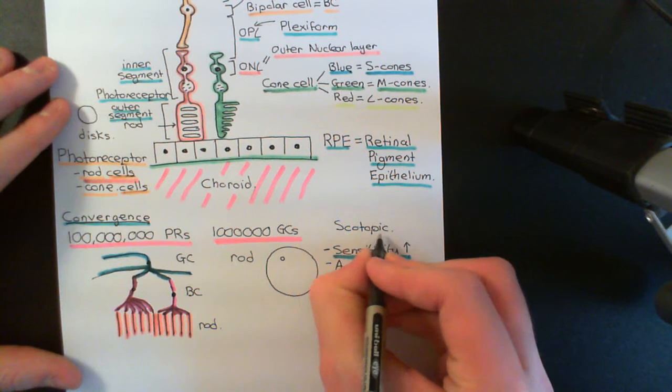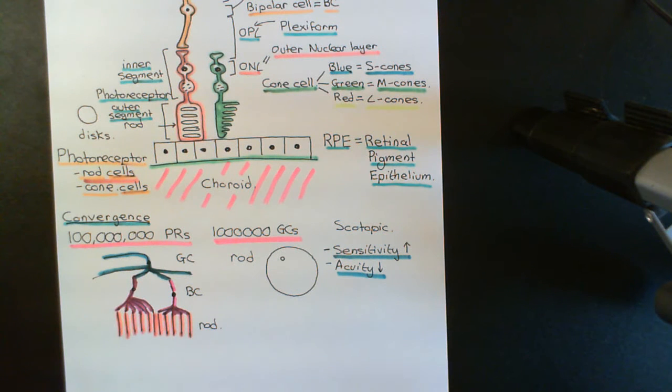So scotopic visual conditions is like at dusk, when it's almost dark but you can still see, when the sun's just going down and everything's starting to get dark but you can still just about see things. That's your rod system doing that, and you'll know that you see in black and white. And the reason is that the rod photoreceptor system can't distinguish between different wavelengths of light. All it can distinguish between is different intensities.